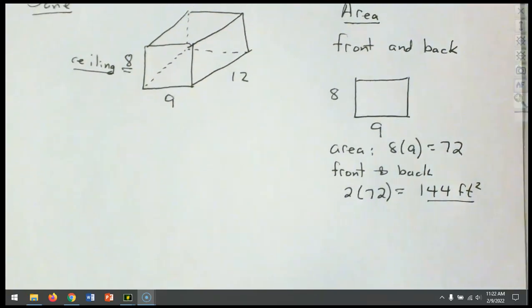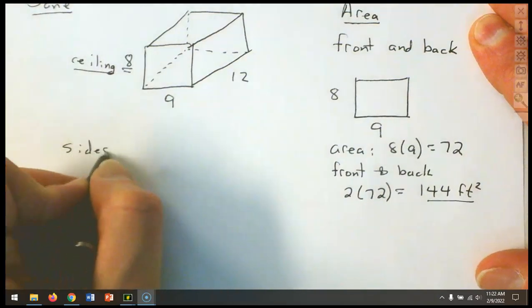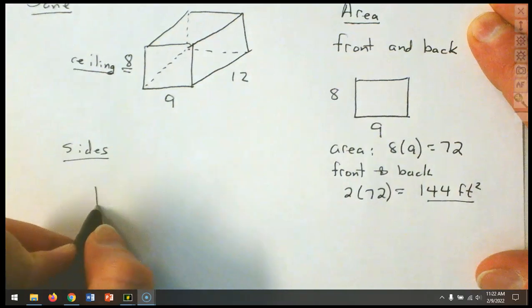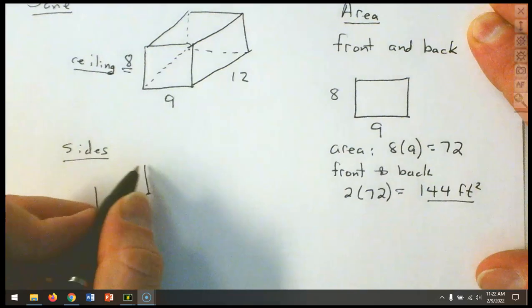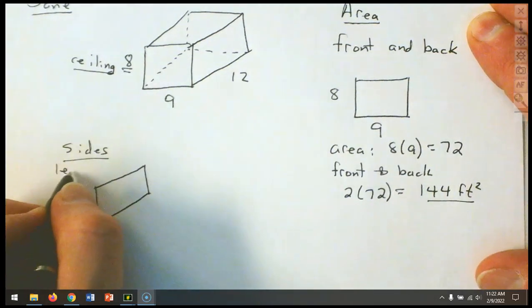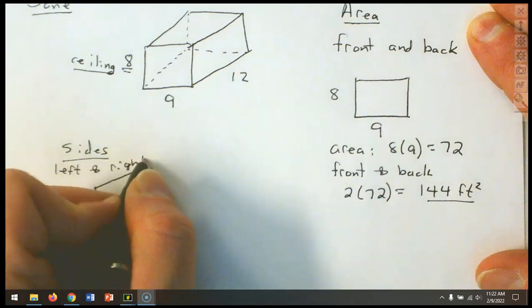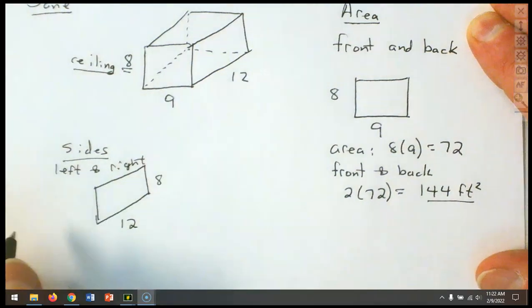How do we do the sides? Same way. So when we look at the sides, what do the sides look like? Well, the sides look like this, and we have a left and a right. The sides are 12 feet long, 8 foot tall.